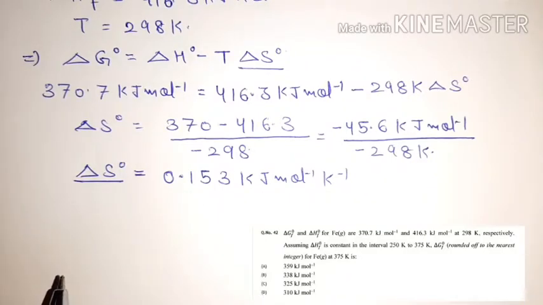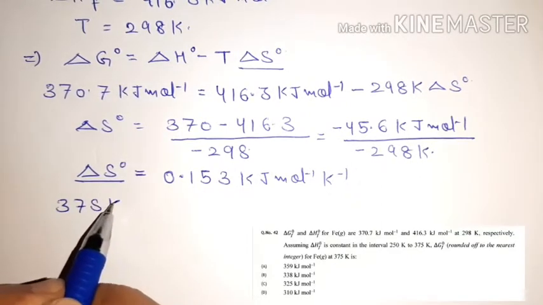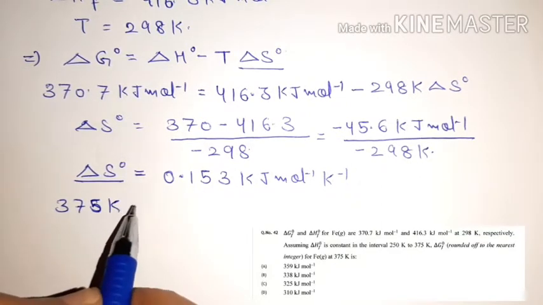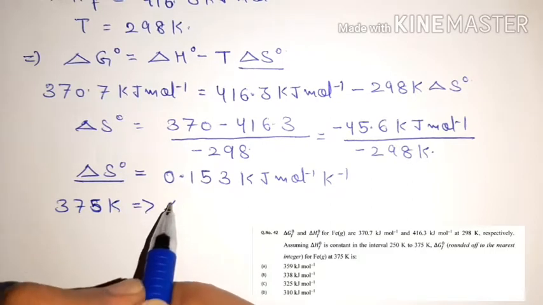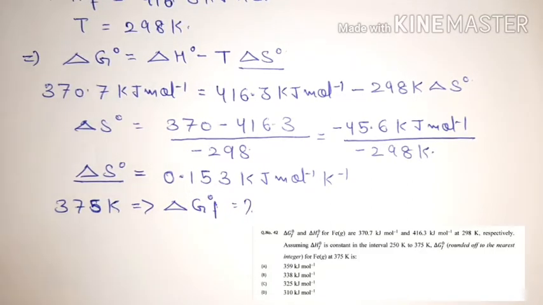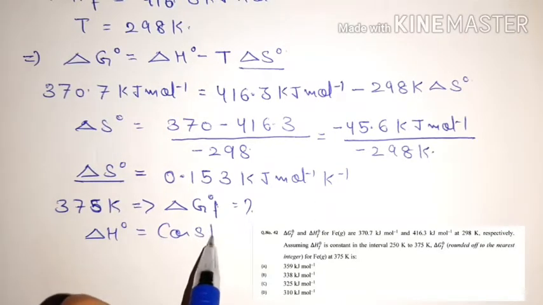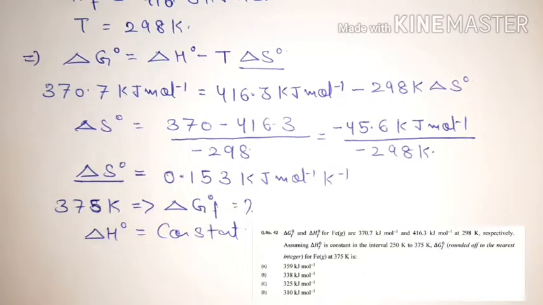In the question you must find the value of delta G naught, that is change in your Gibbs free energy at temperature 375 Kelvin. At this temperature we must find delta G naught. So according to your question, we have delta H naught as a constant. So this will be the same in your whole process.